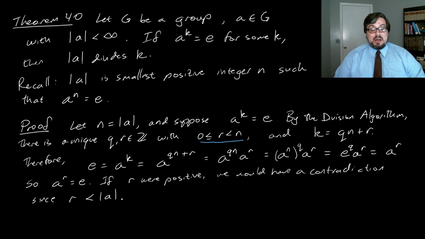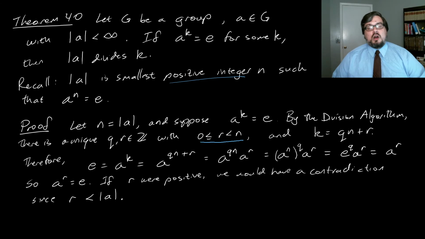We're raising A to R to get the identity. If R itself were positive, then that would be a contradiction. Fortunately, we have an out. The order only takes the smallest positive integer. So if R has some way to not be a positive integer, then that's what it has to be.